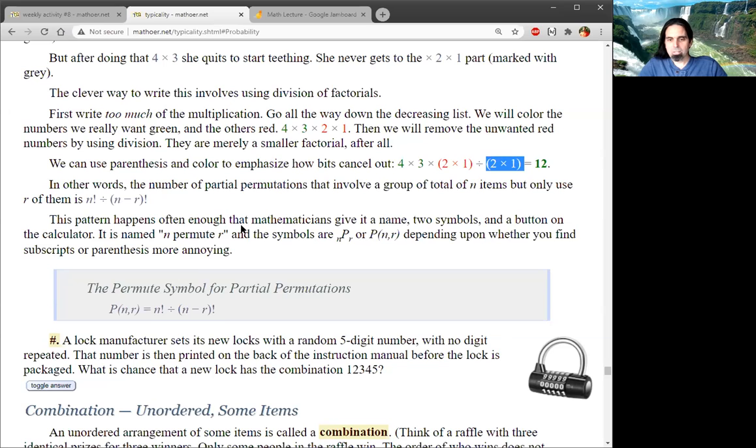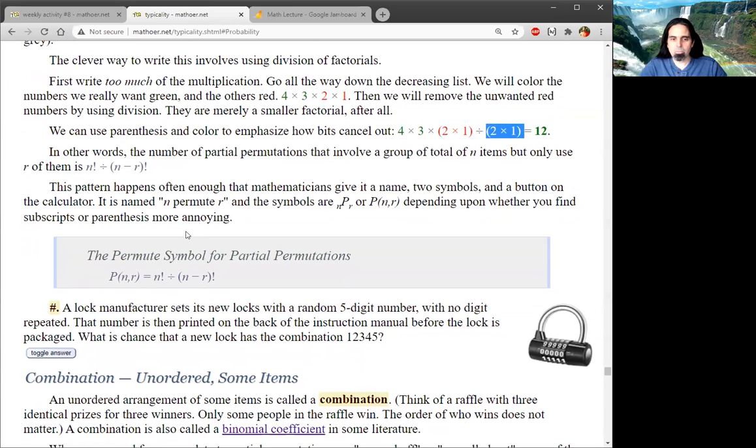And this also happens enough that mathematicians give it a name and now 2 symbols and a button on the calculator. It's named n permute r. And the symbols are either NPR with subscripts or P parenthesis N comma R close parentheses, depending on whether you like parentheses or subscripts more. I'm going to use parentheses because they're much easier when typing web pages.